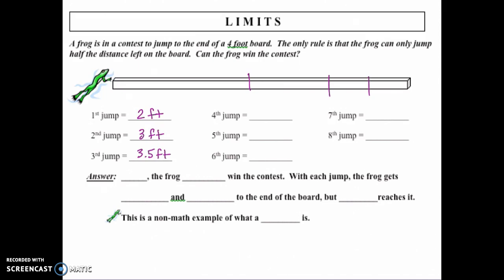And then for his fourth jump, he can only cover half the distance left. So that's going to put him at 3.75 feet. For his fifth jump, he can only cover half the distance left. So that's going to put him at 3.875 feet. His sixth jump will put him at 3.9375 feet.